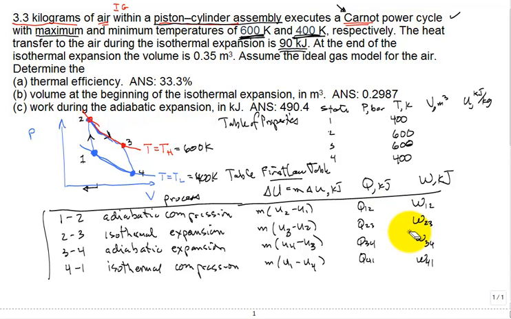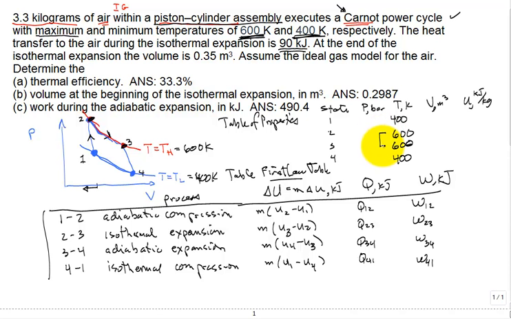Now, I've flushed out the table very generically, but I have some information. I can replace some of the values in this table with numeric quantities. And the easiest is to think about what's happening from 2 to 3. If I go from state 2 to state 3, does the temperature change? No, T2 and T3 are the same.